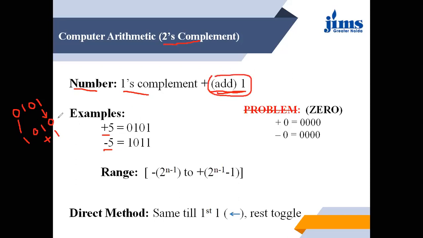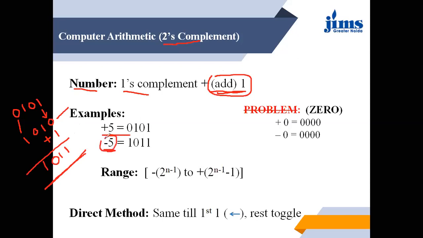So this is the one's complement, and I add 1 to this. So this is 1 plus 0 is 1, this is 1, this is 0, and this is 1. So this is the 2's complement of plus 5, used to represent minus 5.